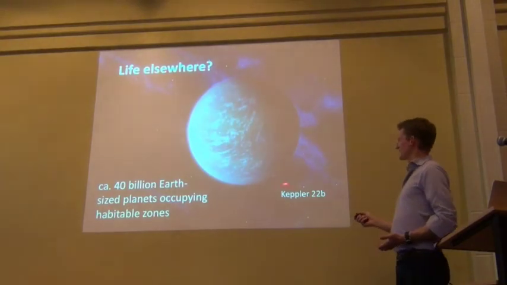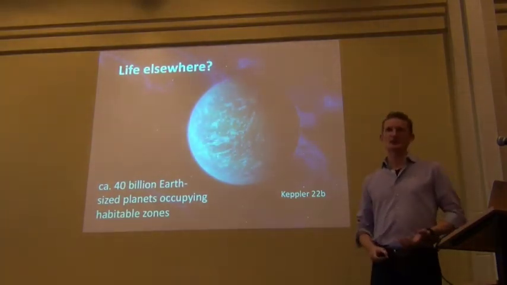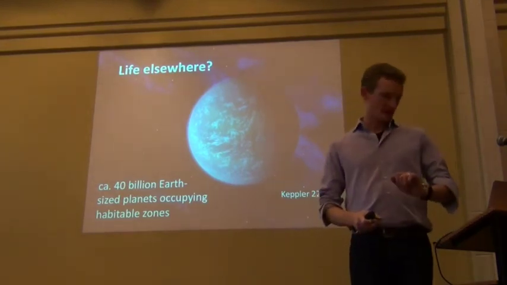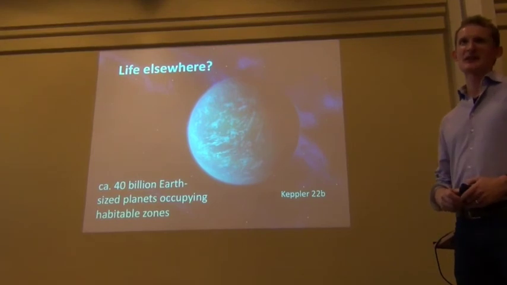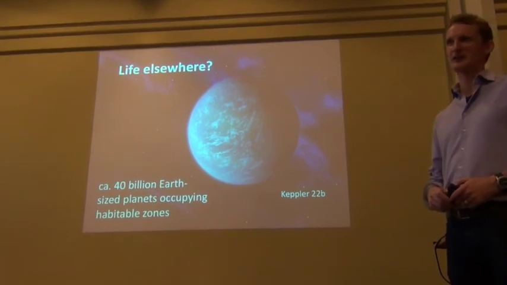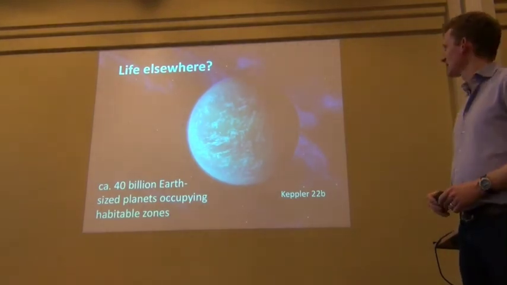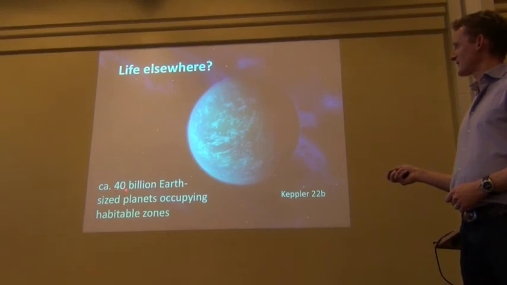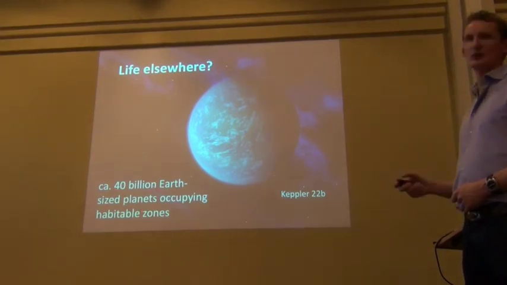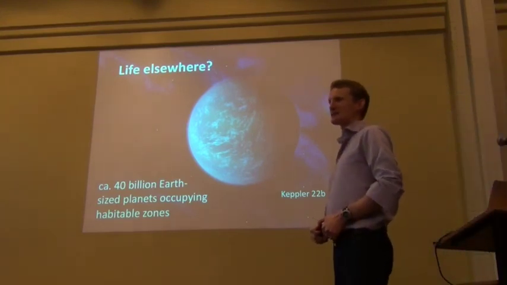Here's a picture of planet Kepler 22b. We have a telescope in space, the Kepler telescope, busy finding lots of extrasolar planets. More than 1,000 planets have been found so far. And it's recently been estimated that there are 40 billion Earth-sized planets in what we call habitable zones, so places where there's water and life.